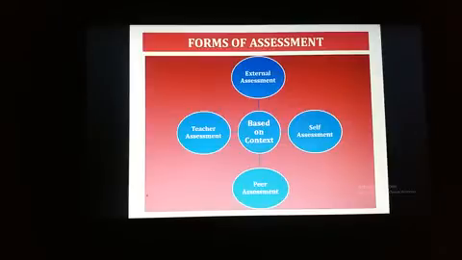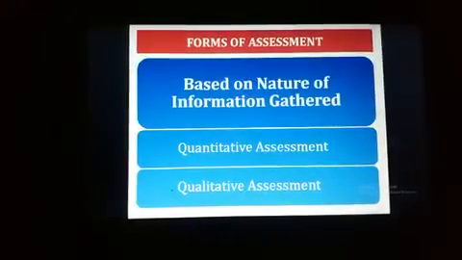Self-appraisal. Peer assessment, when assessment is done through peers or friends or classmates. Teacher assessment, when teacher is responsible for assessing the learners. These are the different contexts, and based on all these contexts we can also think of different forms of assessment.